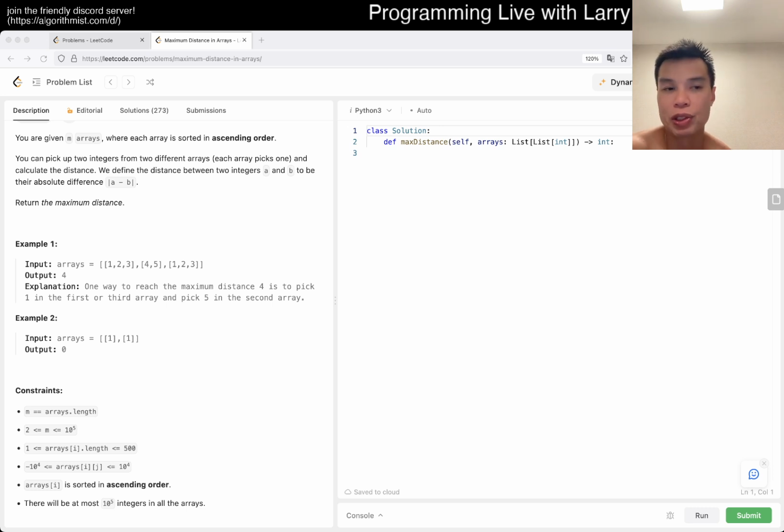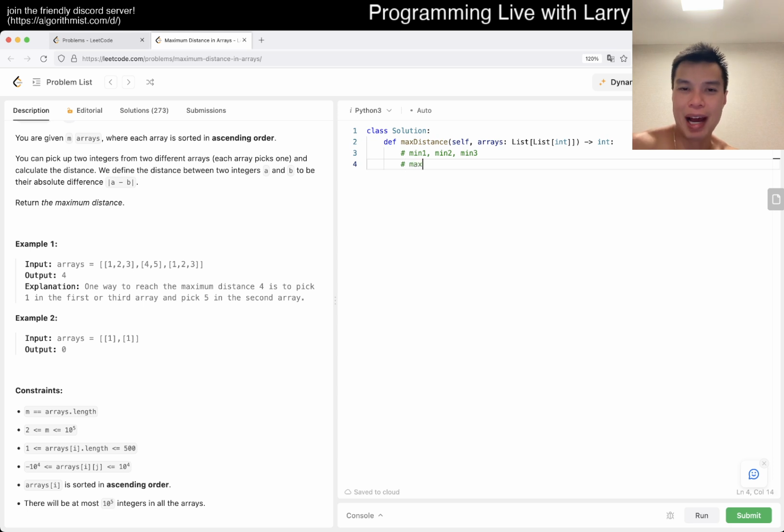there's an easy proof to show that you only need at most 2 mins and 2 maxes, because basically the idea is that, well, let me just write it out instead of just saying it. Let's say you have min 1, min 2, min 3, to denote the 3 mins.